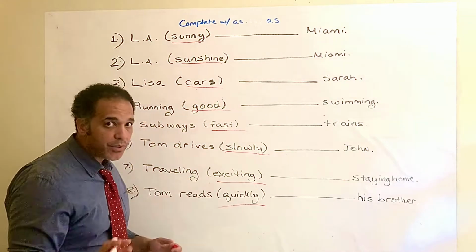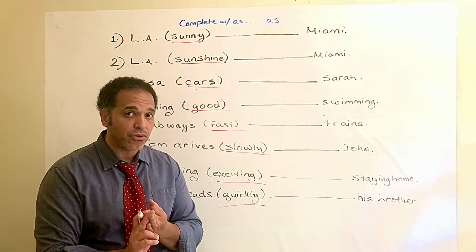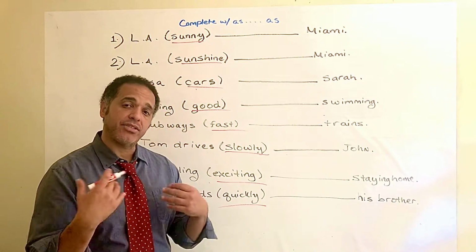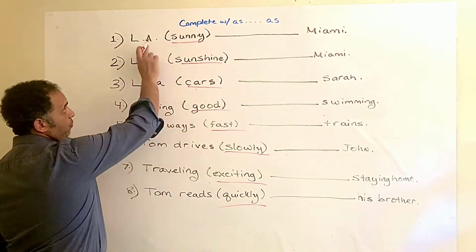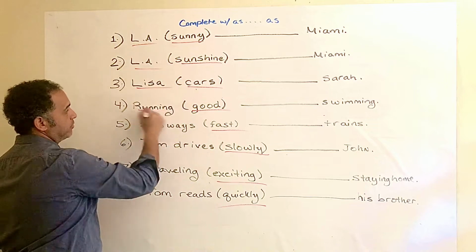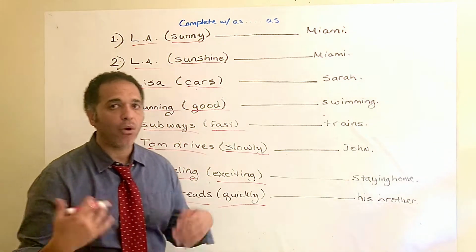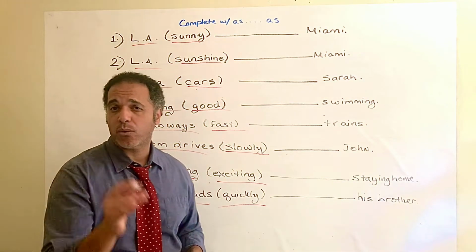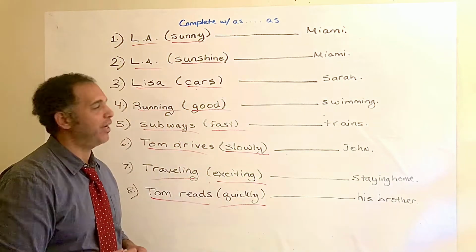Remember, when we are doing this, we can do it with adjectives, we can do it with adverbs, and we can do it with nouns. So it's very important because that's going to help you to complete the sentence. Also, we want to look here. This might help determine what verb you are going to use, whether it's going to be singular or whether it's going to be plural. So let's go ahead and take a look at number 1.